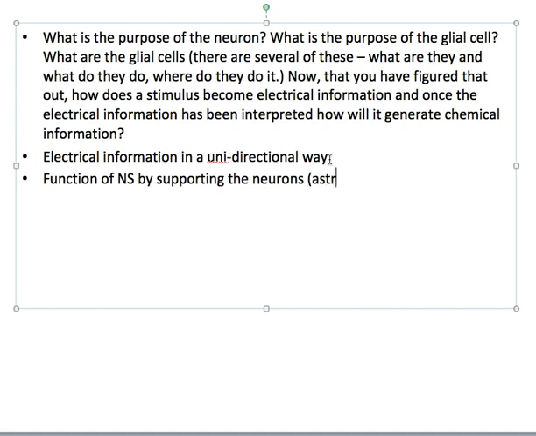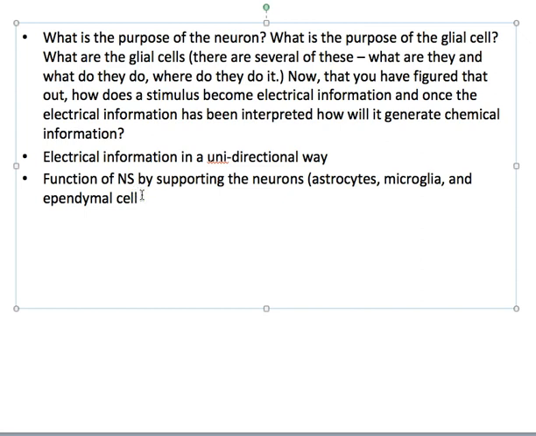And remember, there are different types. We have astrocytes, we have microglia, and ependymal cells. So again, you've got those astrocytes, microglia, and ependymal cells, but they're not the only glial cells.